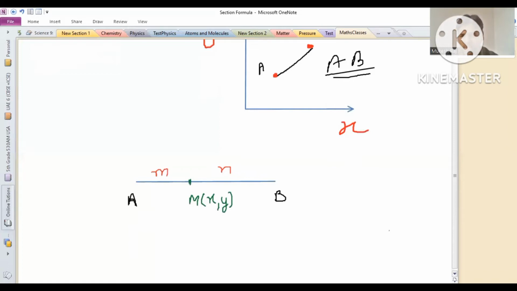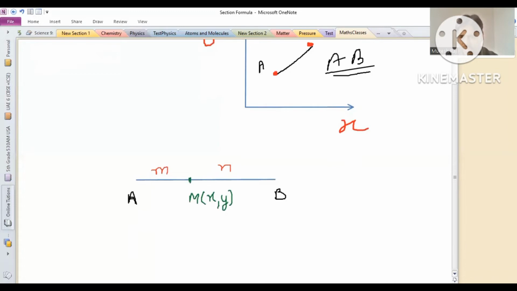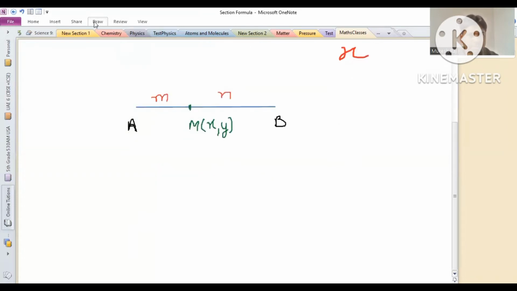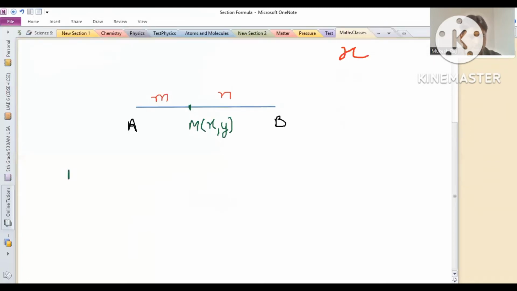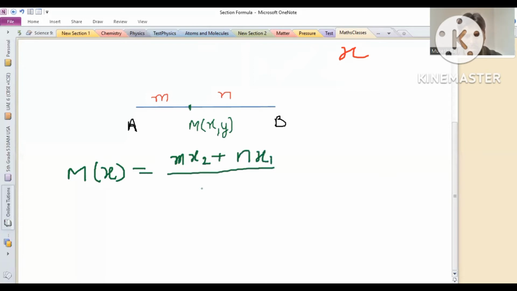Now if we know this, then we can directly apply the section formula. For the point M, we are just trying to find out the value for x, so we can write it down like this: m x2 plus n x1 upon m plus n.